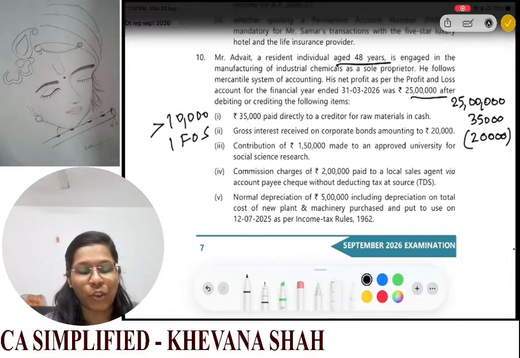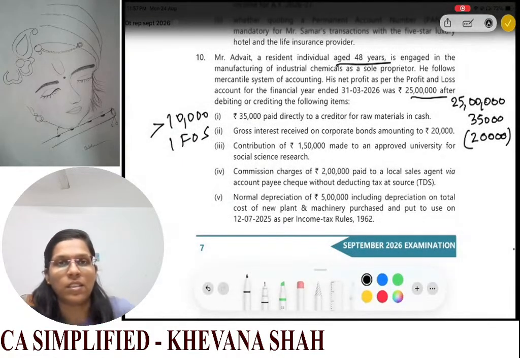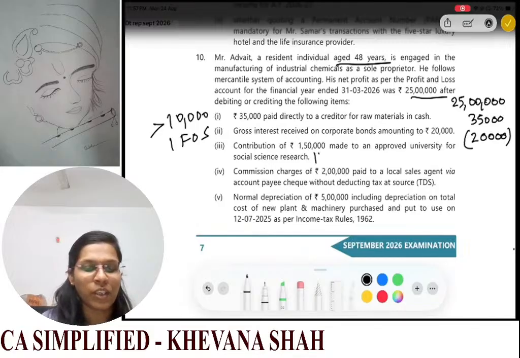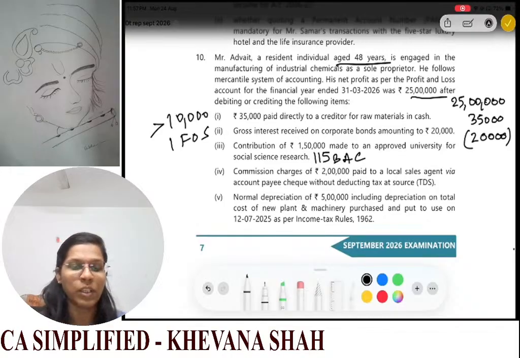No, you will reduce it from your business income. Okay, it is already coming in your business income. Now we have a contribution of 1,50,000 made to an approved university for social science research. Now when you are under 115BBC, there are certain restrictions to your specified deductions, and your eligible scientific research expenditure is deductible.